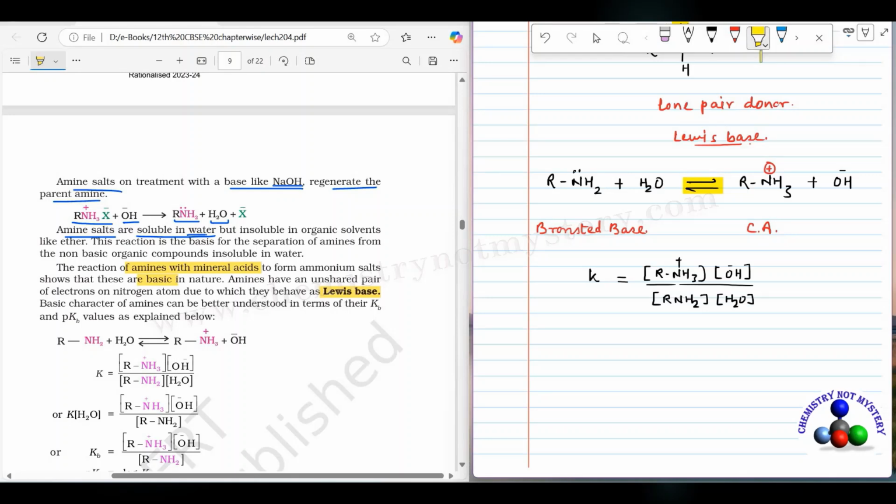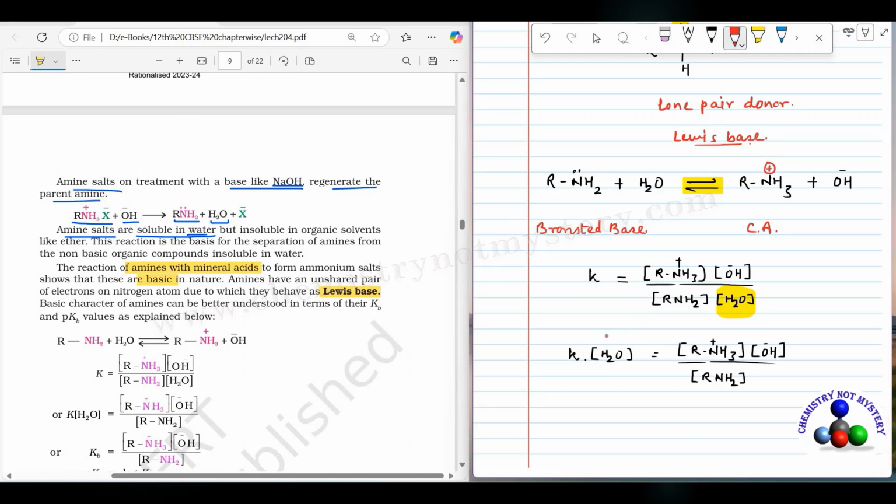As here water acts as a reactant as well as a solvent, the concentration of water will remain constant. So when you transfer this constant to the other side of the equation, here you will get K multiplied by the concentration of water will be equal to RNH3 positive multiplied by OH negative ion divided by the concentration of reactant, which is RNH2.